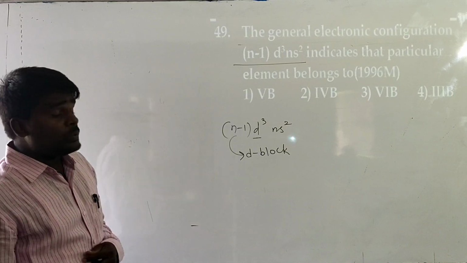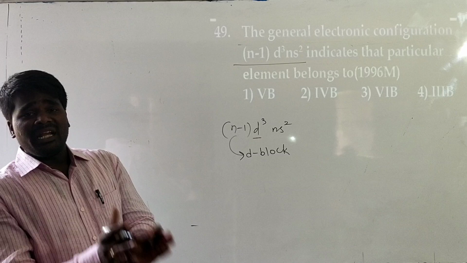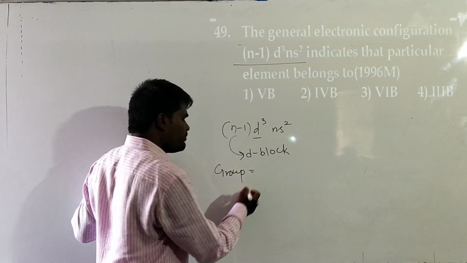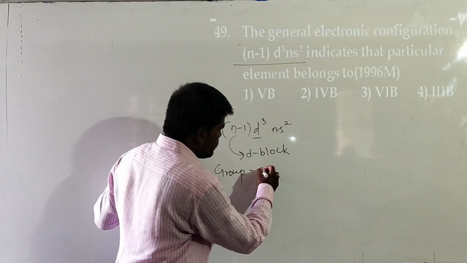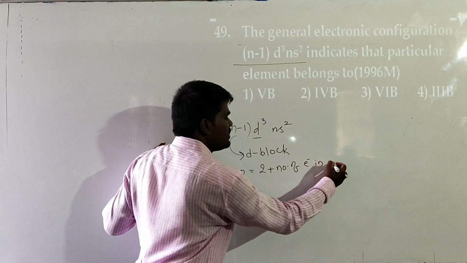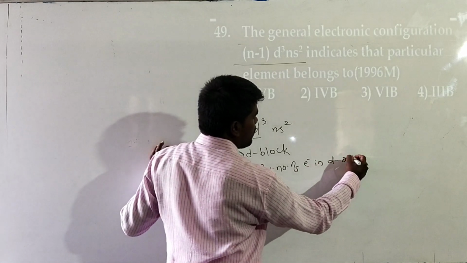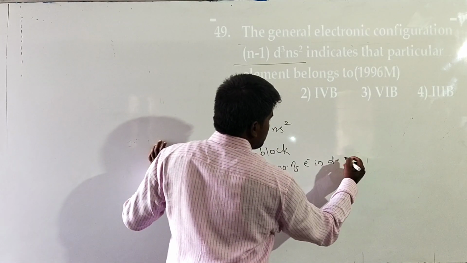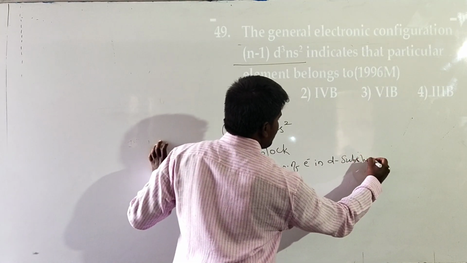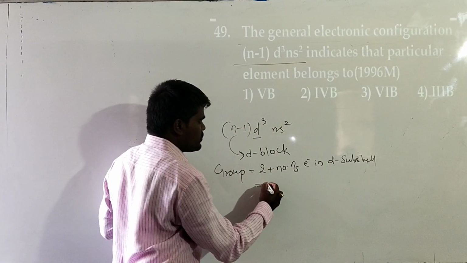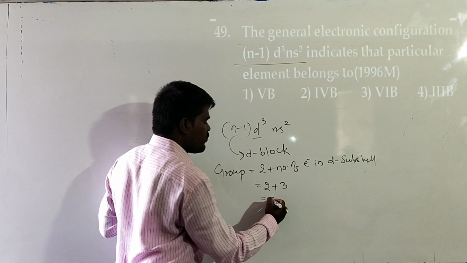If it comes to the d block, how do we identify the group number? In order to identify the group number in the d block, the group number is 2 plus the number of electrons in the d subshell. How many electrons are there in the d subshell? 3 electrons. That means 2 plus 3, which becomes 5.